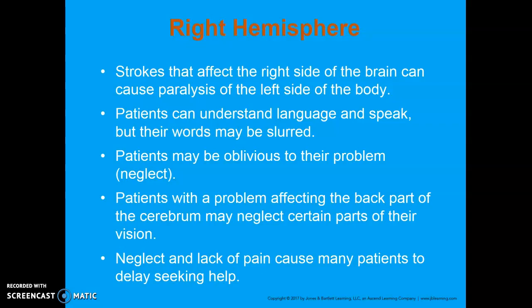Your brain will actually kind of fill in the gaps, which is pretty cool. Neglect and not really realizing that they have a problem can actually cause patients to not seek help. It's generally somebody else realizes that there's something wrong with them and is like, okay, we have to do something. So they can have stroke-like symptoms for quite some time before they actually are brought to definitive care.